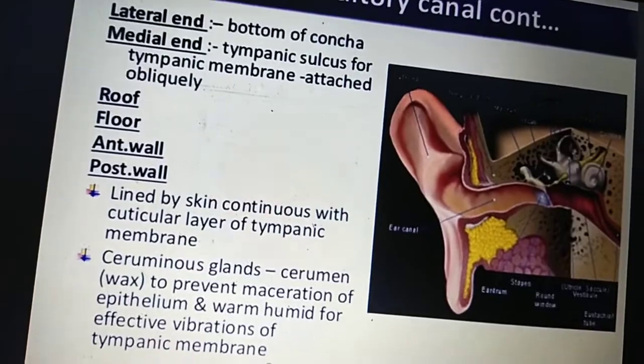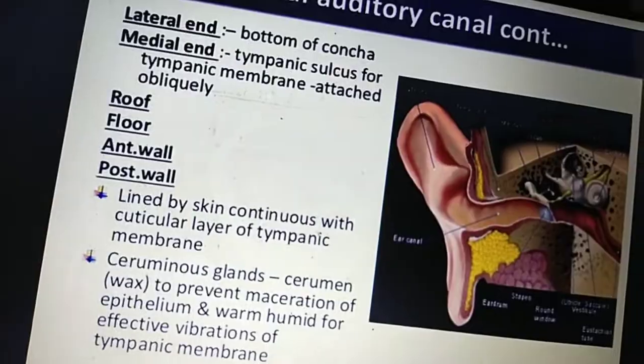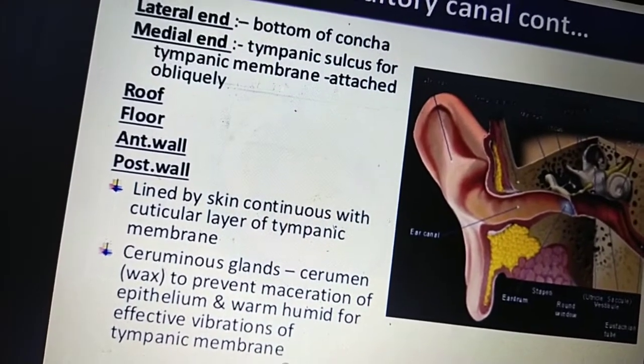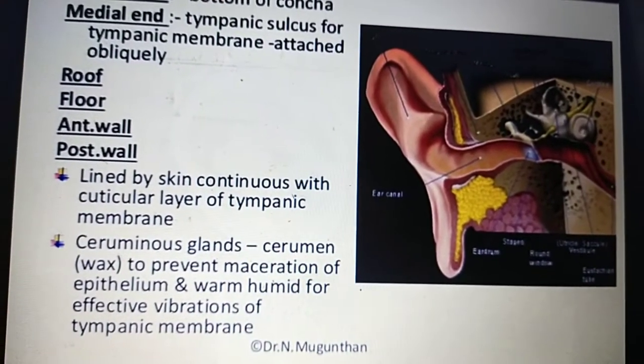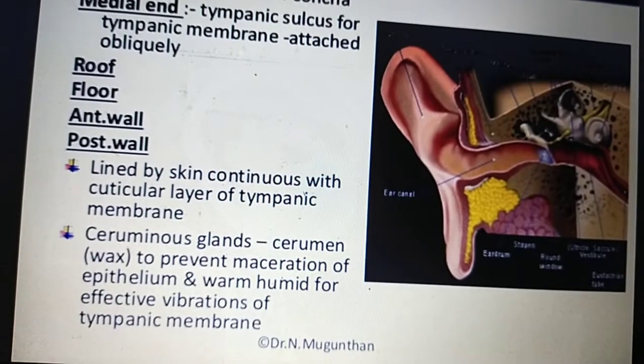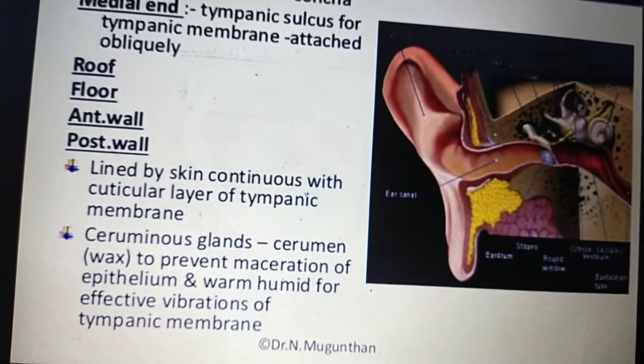The tympanic sulcus is a groove on the tympanic ring where the tympanic membrane is attached.